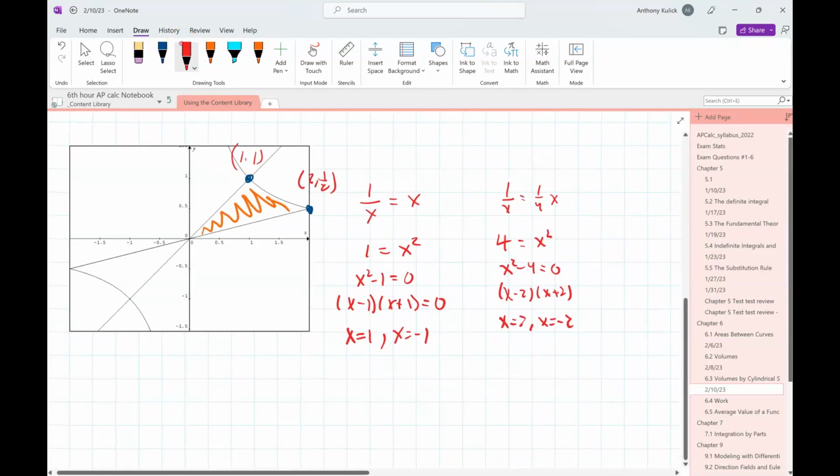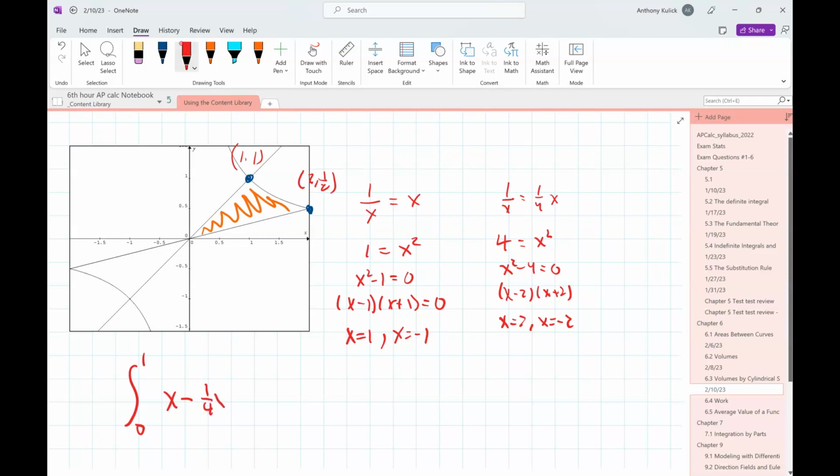So I'm going to set this up as 2 separate integrals. I'm going to go from 0 to 1. In that situation, my function on top is y equals x, and the function on bottom is 1/4 x. And then from 1 to 2, let's use a different color.